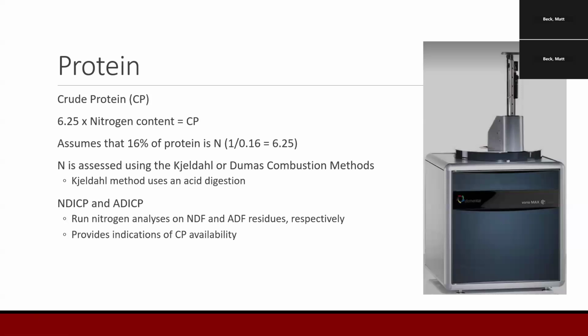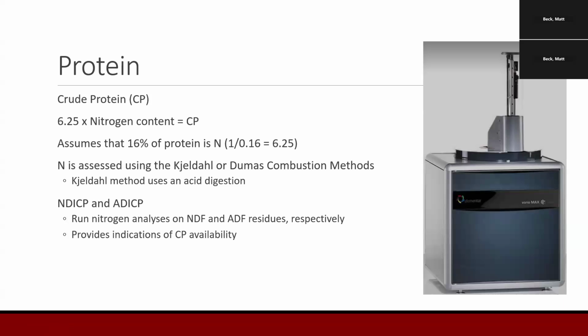So if we take the residue after the neutral detergent solution soak or the acid detergent solution soak, and then combust those or analyze those for nitrogen, we get neutral detergent insoluble crude protein and acid detergent insoluble crude protein. Make sense?